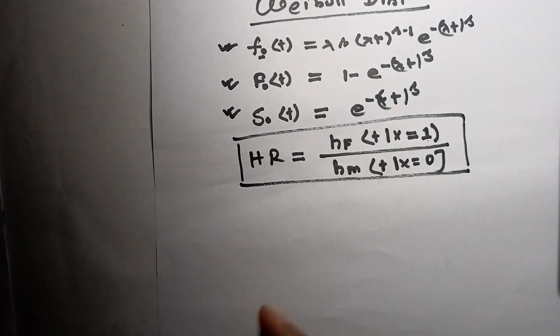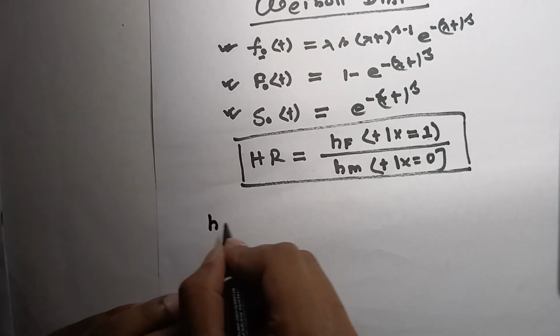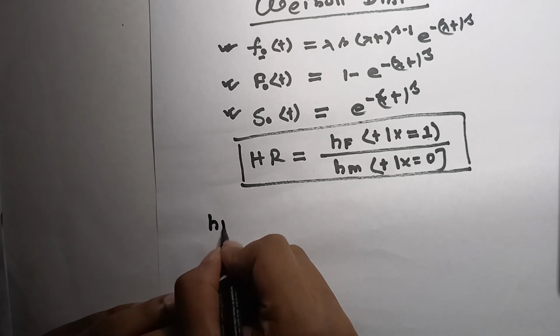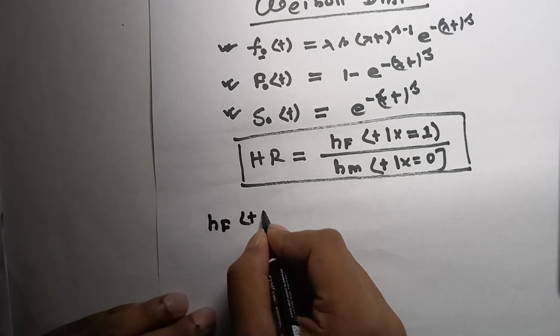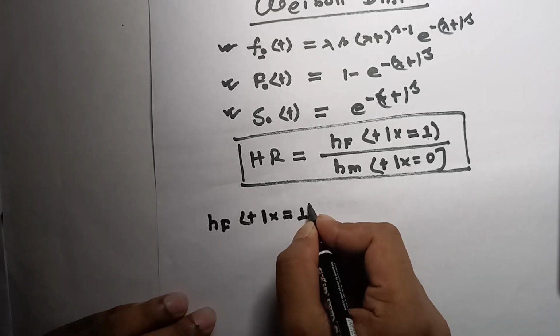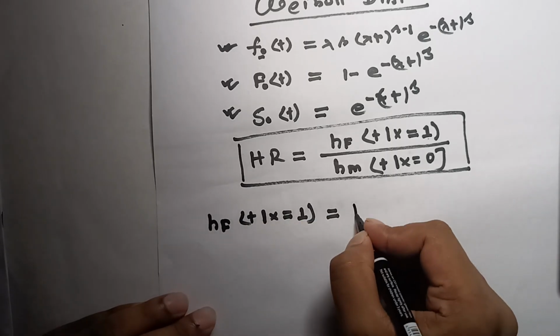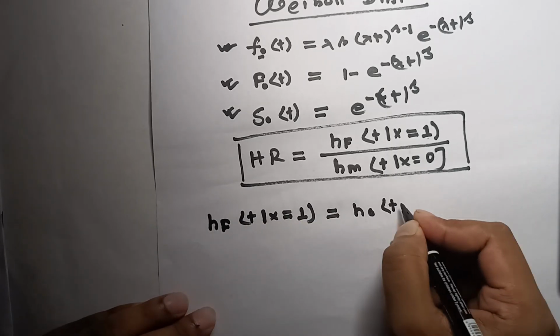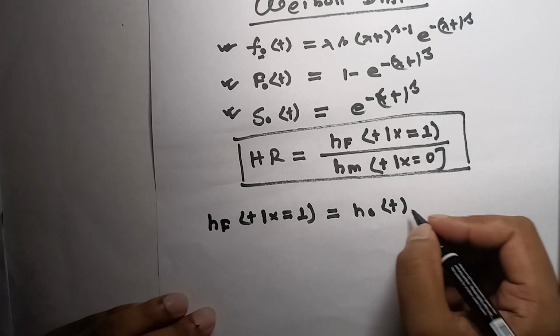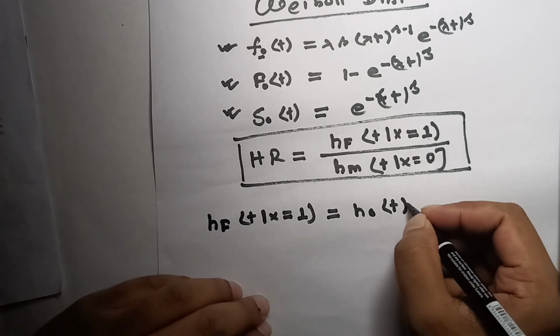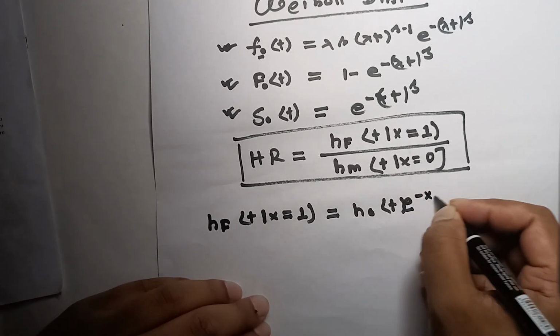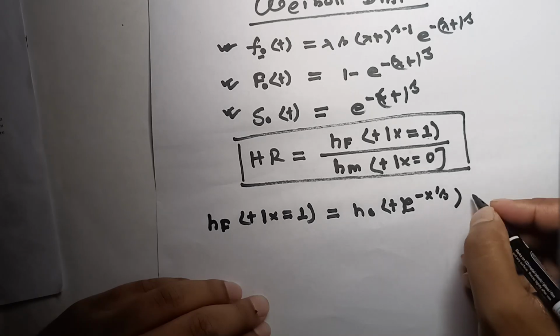Now we take this situation, and this is our actual goal to find out. So first, what we have to find is H of female, t, where X is 1. We know that for the hazard, it is H naught of t, e to the power minus X prime beta.